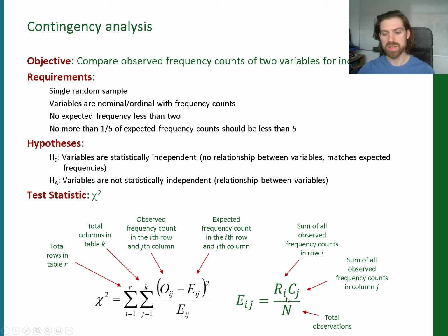It gives you this numerator, and divide it by the total observations, and that gives you the expected frequency, so the E_ij for that particular column and row combination. And then we can use that here to get the numerator once we've squared the result of this, and then we can divide it again by the expected frequency count.